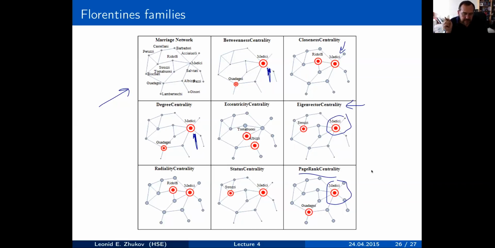So our simple metrics can easily show you that in this graph, it's the Medici who ruled that world, which is not very obvious just by looking at this picture, because they don't seem to be very much in the center, but in fact they are.